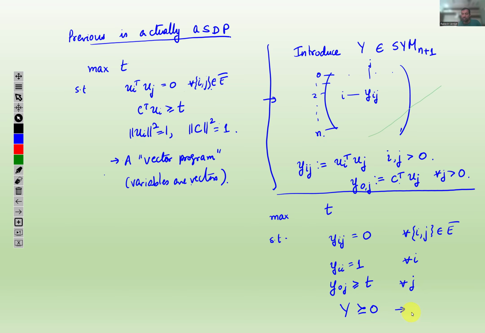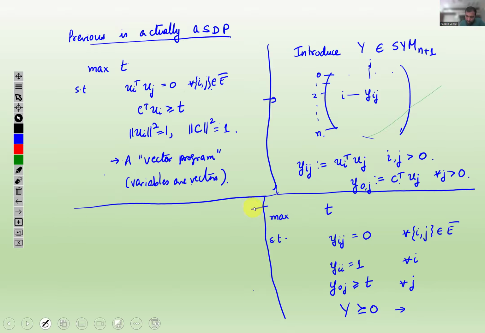So this positive semi-definiteness constraint actually encodes the fact that y comes from vectors. You cannot just arbitrarily take yij's, but I should have yij to be the inner product of two vectors. Why is this actually true?